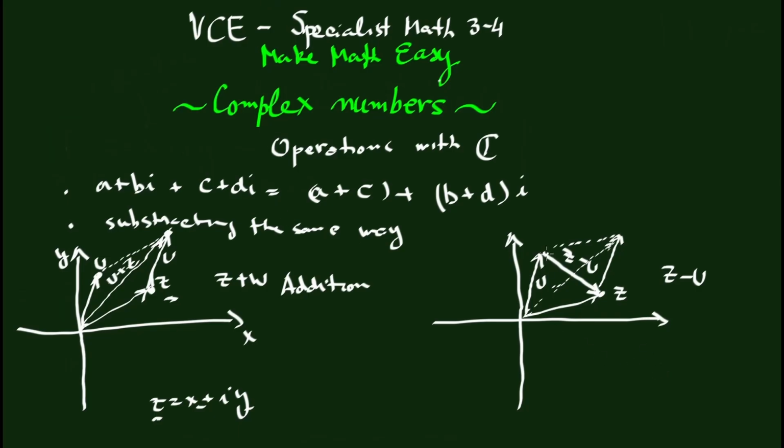Please note that you start from the end of the second vector. So not like when you're adding, where to the end of the first vector you add the second vector. Here, from the end of the second vector, which is minus u, you add a line to the end of the first vector.